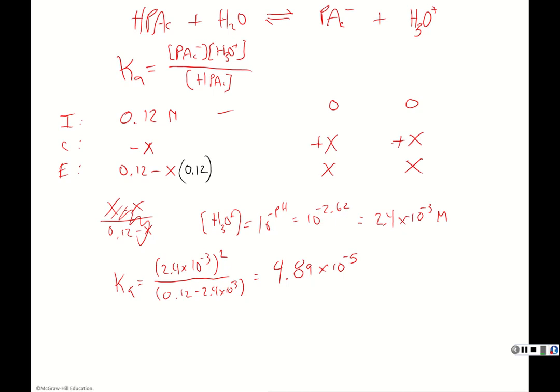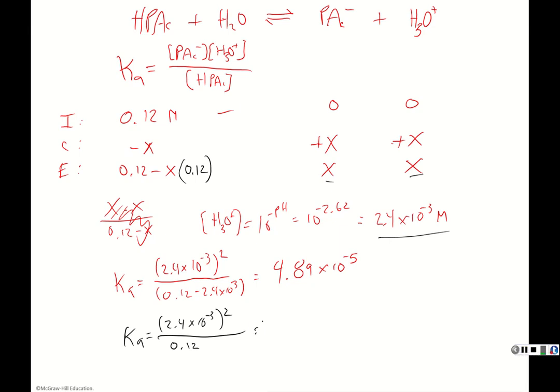So we'd put in 0.12 for that. Then our Ka value would be the same expression on top, 2.4 times 10 to the minus 3 squared, because that's the value for our X, divided by now just 0.12.